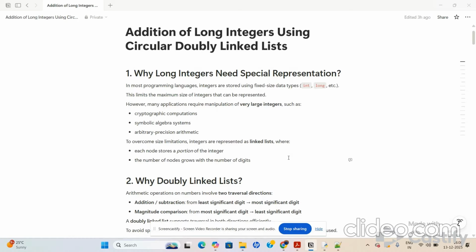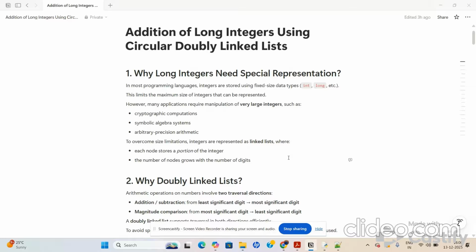When we use this approach, there is an upper limit on the size of the integers that can be represented. For example, integer has 2 to the power of 32 as a limit, right? In C programming language or in any typical programming language.